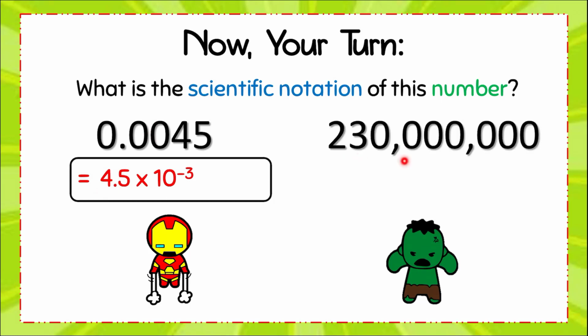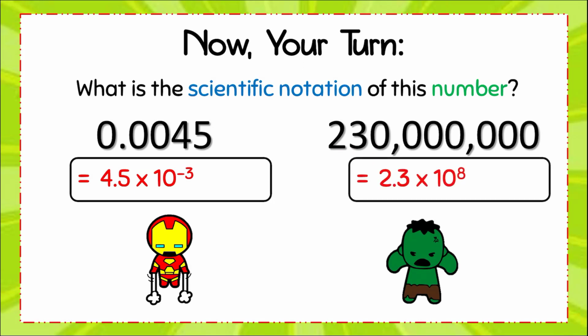Wow, this is a pretty big number. So what is the decimal? 2 will be your first digit. It will be 2.3. 2.3 times 10 to the power of, let's count from here, right? 1, 2, 3, 4, 5, 6, 7, and 8. So times 10 to the power of 8.